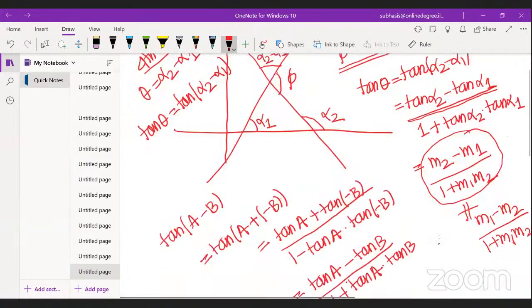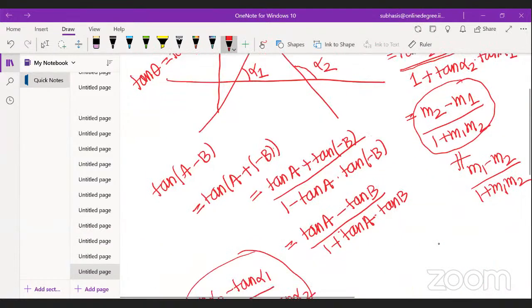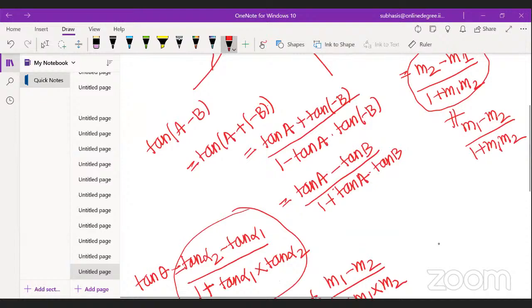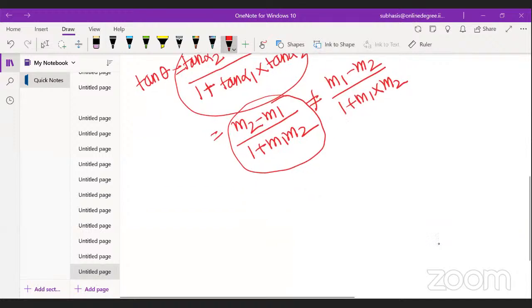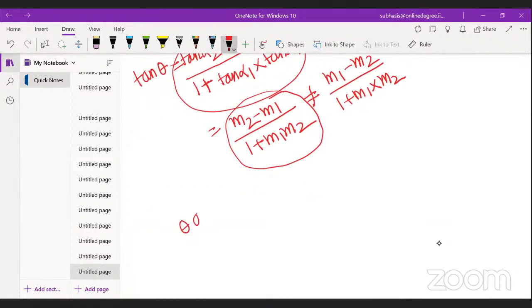So tan phi. You know the value of tan theta, right? You know the relation of theta and phi. Now you just use that formula and you will get the answer. Okay, sir, I will do it. Yeah, it's easy, you can do it.